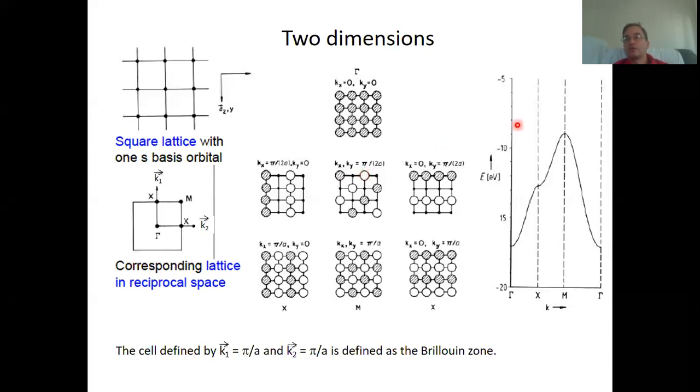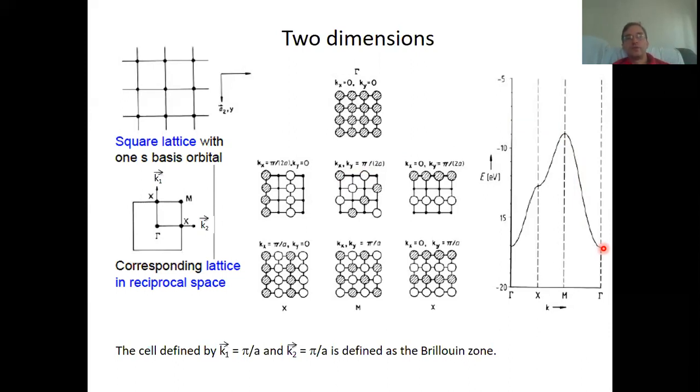That non-bonding orbital you would find halfway, approximately at this position, in between the most antibonding and the most bonding crystal orbital at the points M and lambda respectively.